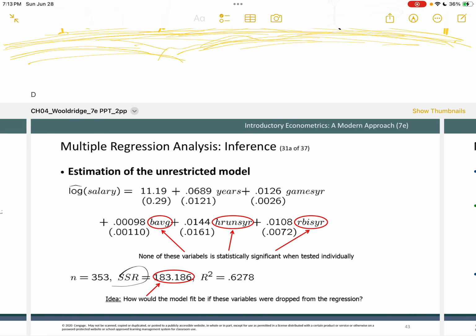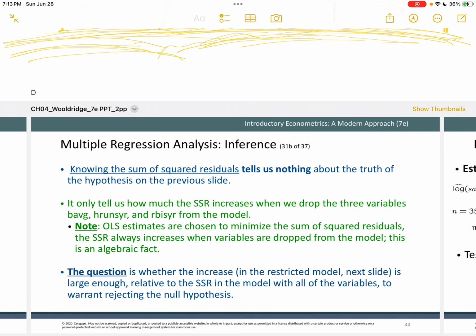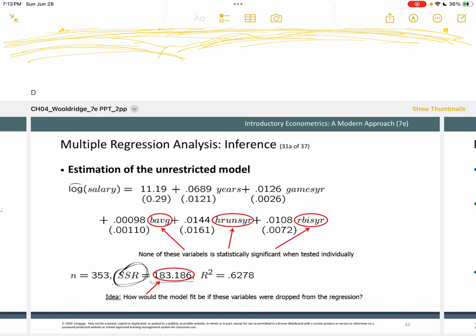Okay, so we estimate the unrestricted model, which the alternative favors, and we find the sum of squared residual as 183.186. Yes, the sum of squared residual.